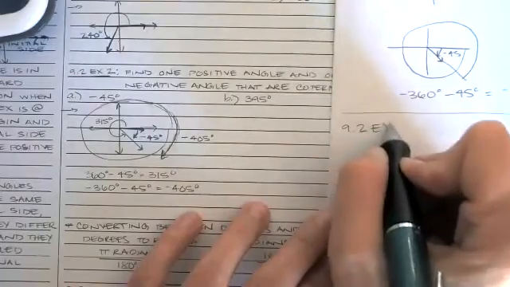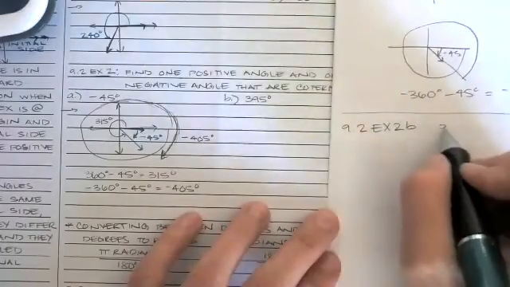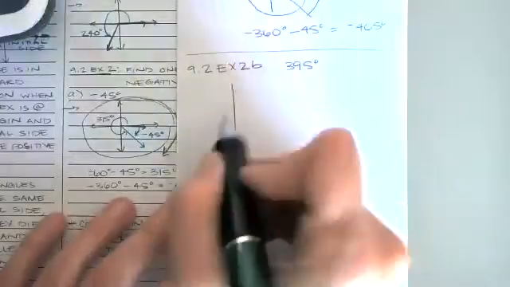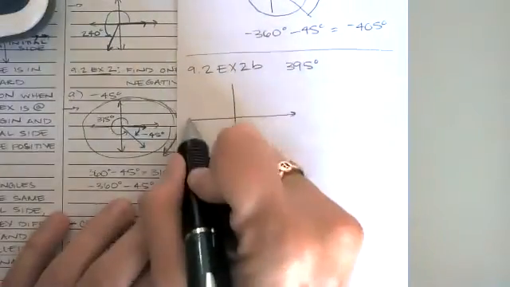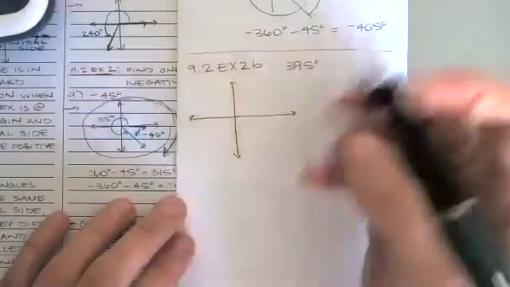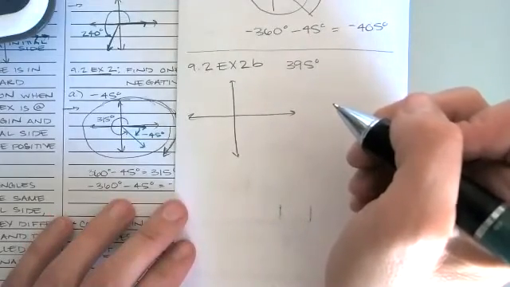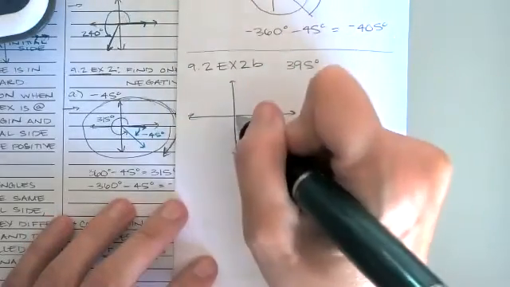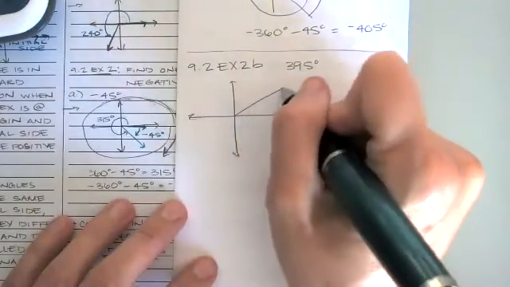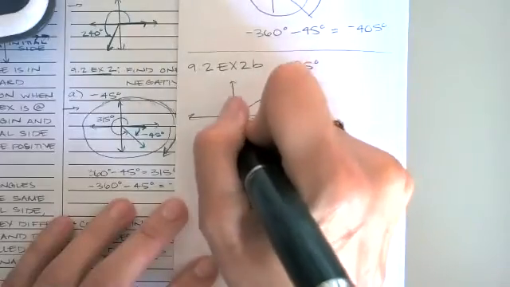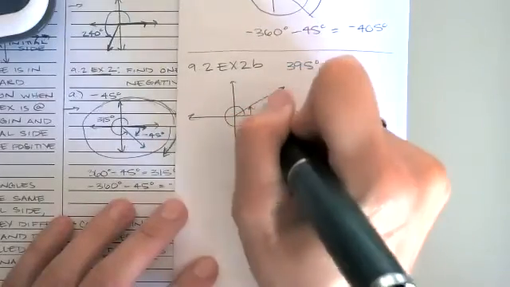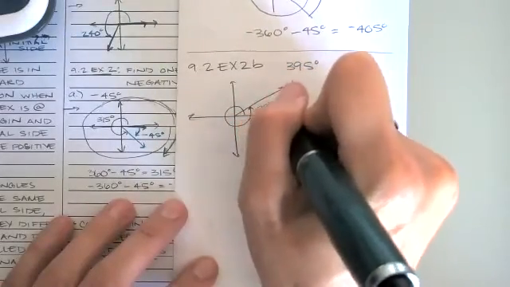9.2 example 2B. So we've got 395 degrees. This angle is about 360 plus 35 degrees, so something right around here. This is our original angle, 395 degrees.